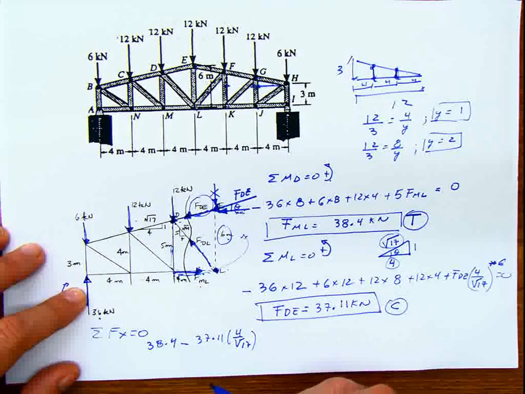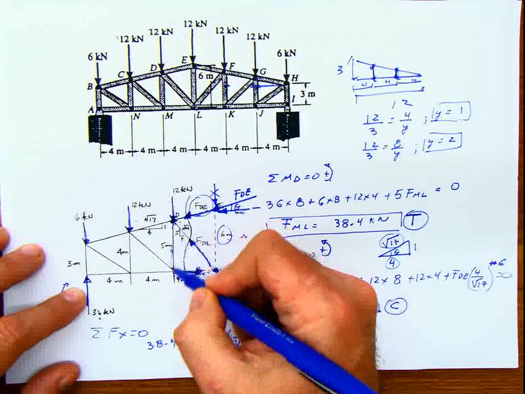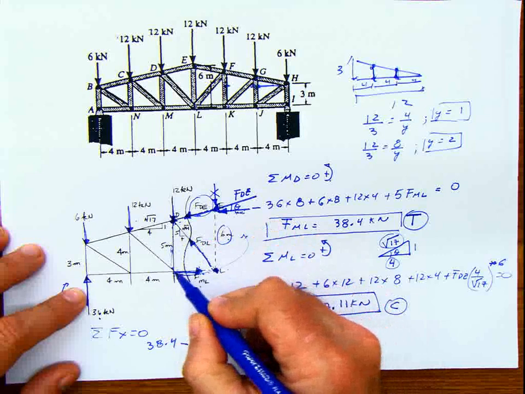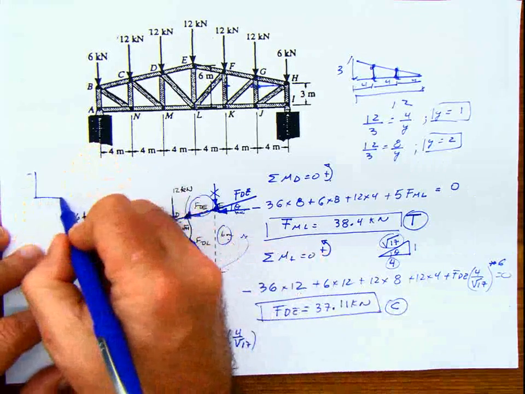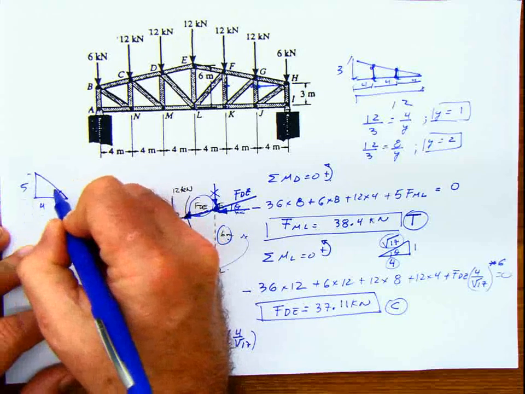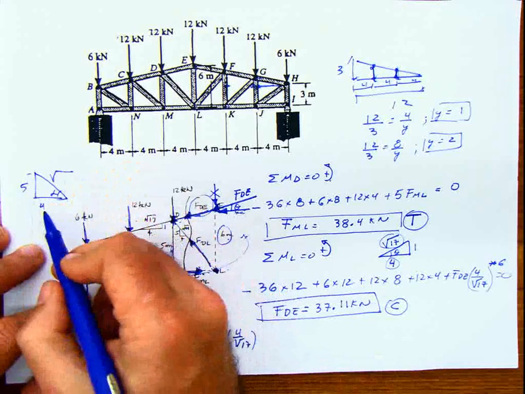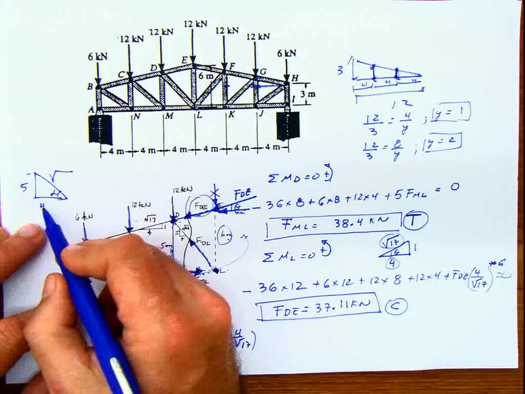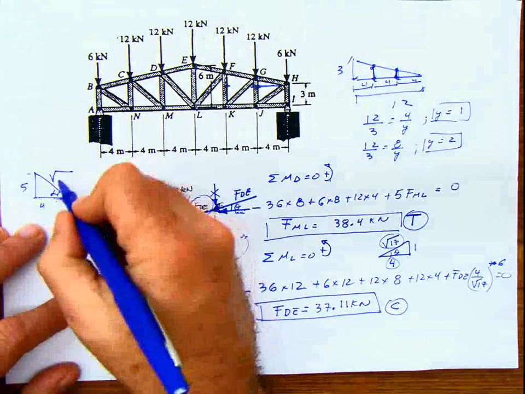And I can do the same thing for this one, because I know this height here is 5, this distance is 4. Then I'm going to have a triangle like this, 5, 4. I can calculate this angle if I want to, or I can say that this distance here is the square root of 25 plus 16, this squared plus this squared, and that's 41.